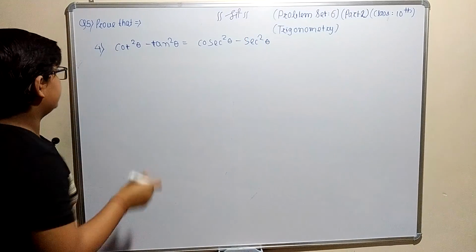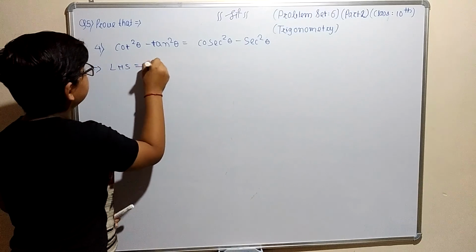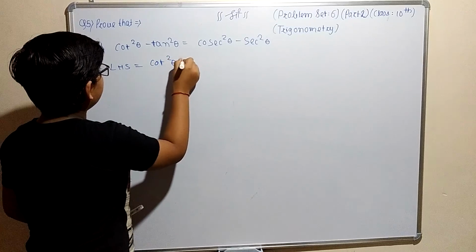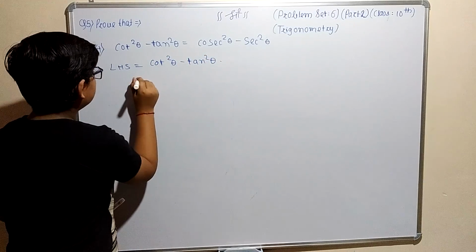Now we will try proving it. Now LHS is equal to cot square theta minus tan square theta. Now we will solve it.